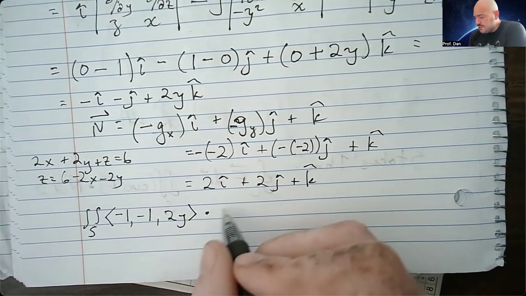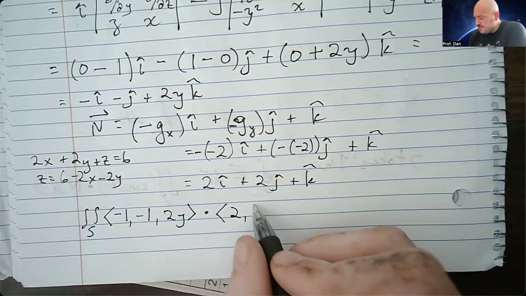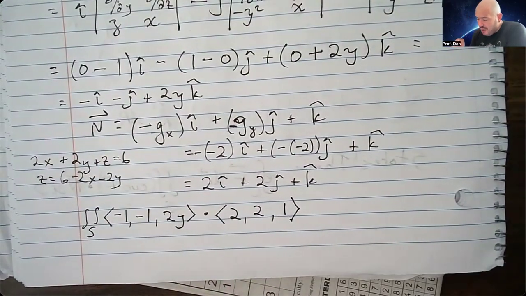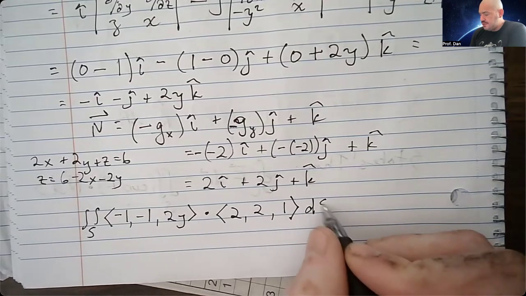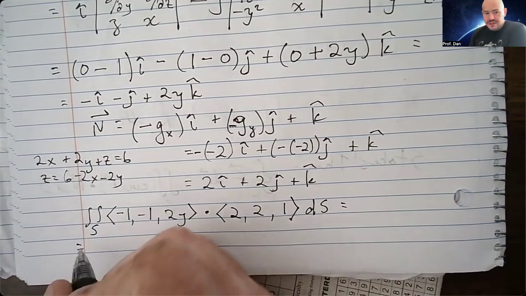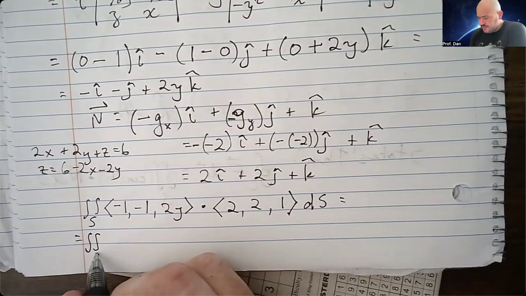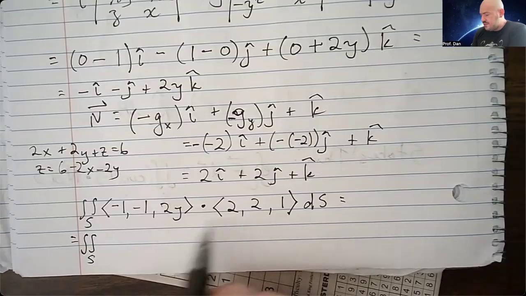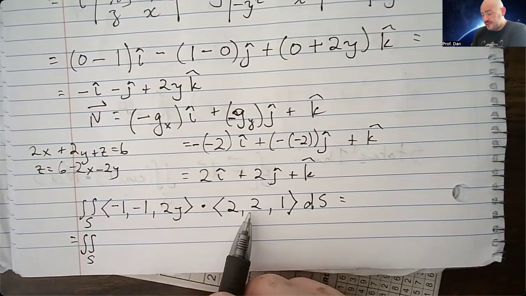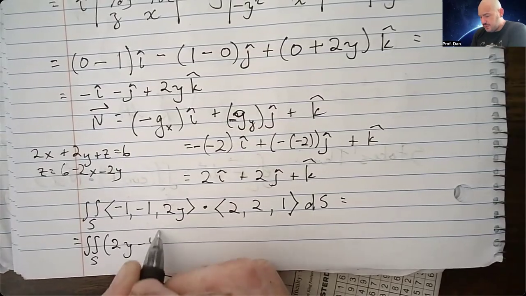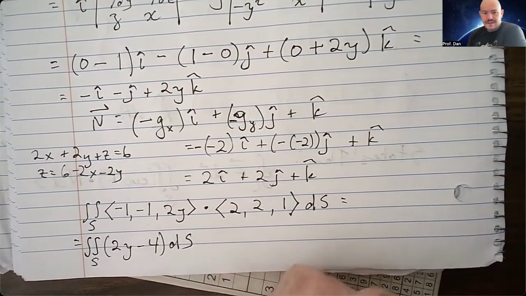If I write my normal vector in component form, we have 2, 2, 1. All right. So then my integrand, we're going to get negative 2 plus negative 2, so negative 4 plus 2y. So altogether, 2y minus 4 ds.